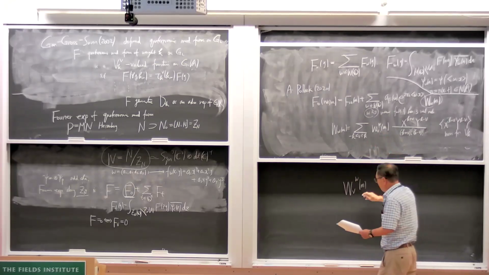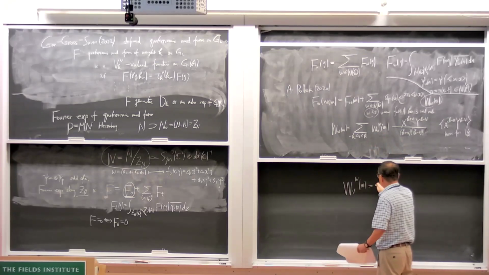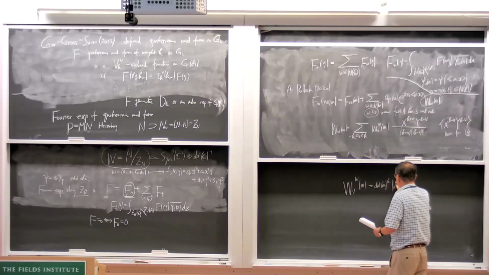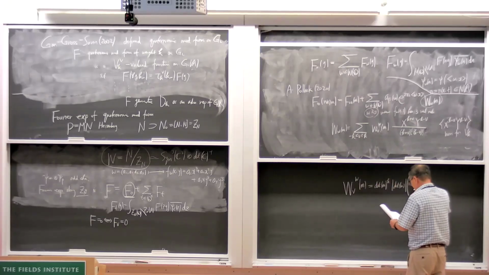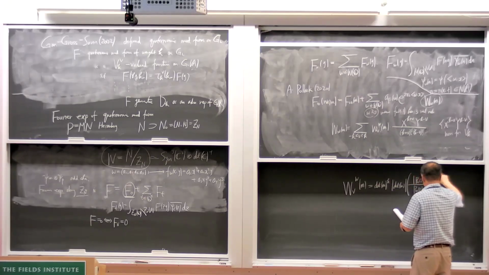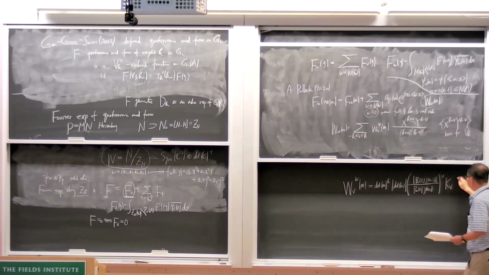It is given by some combination of Bessel K functions, a very complicated formula. So let me write it down. K_v is the Bessel K function.